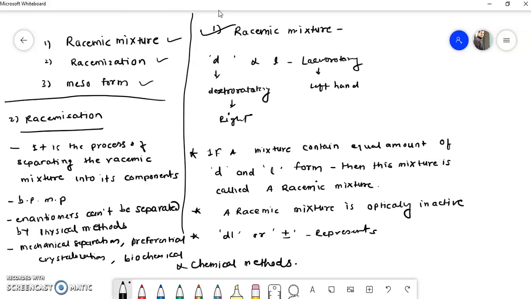But they can be separated by mechanical separation, preferential crystallization, and biochemical and chemical methods. So this is the second point, racemization. Now in the third point, we will see mesoform.